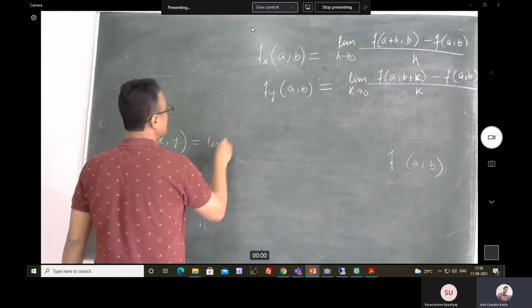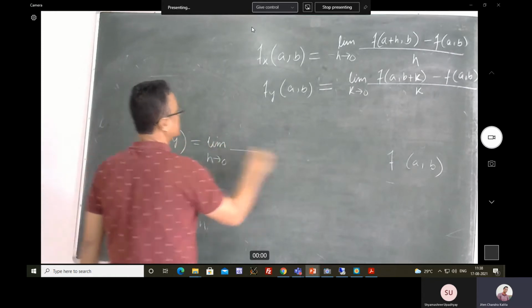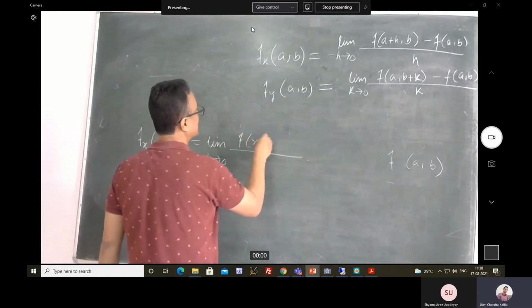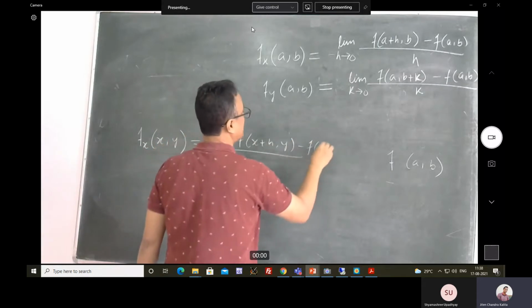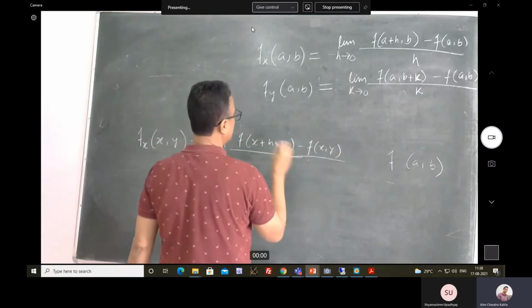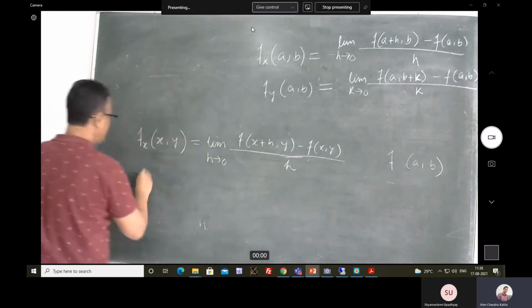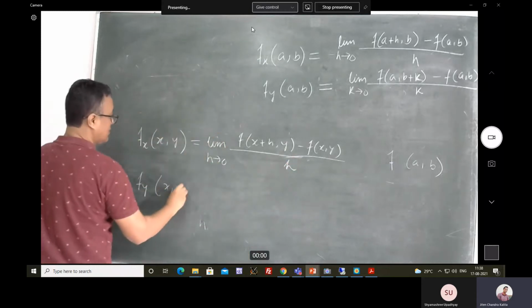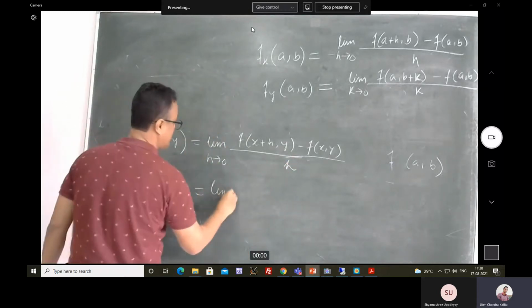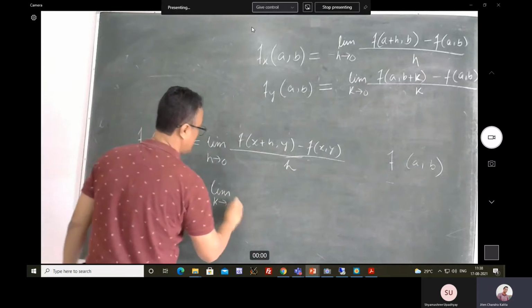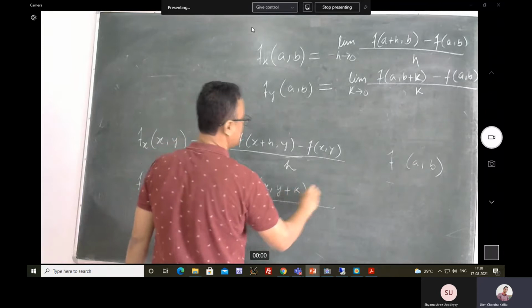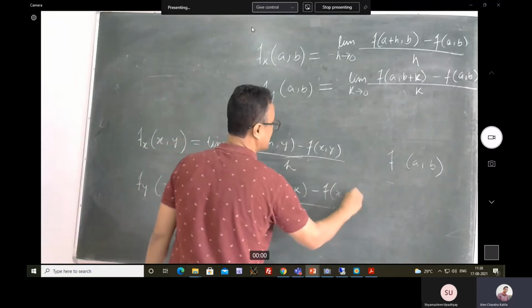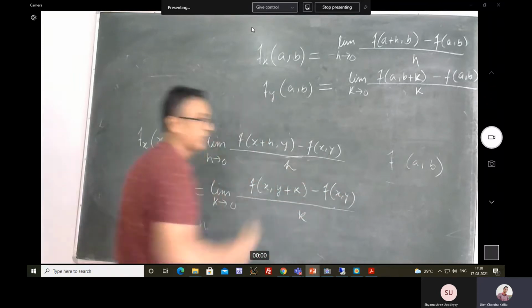So this is simply the limit as h tends to 0 of f(x+h, y) minus f(x, y), divided by h, and similarly the limit as k tends to 0 of f(x, y+k) minus f(x, y), divided by k.